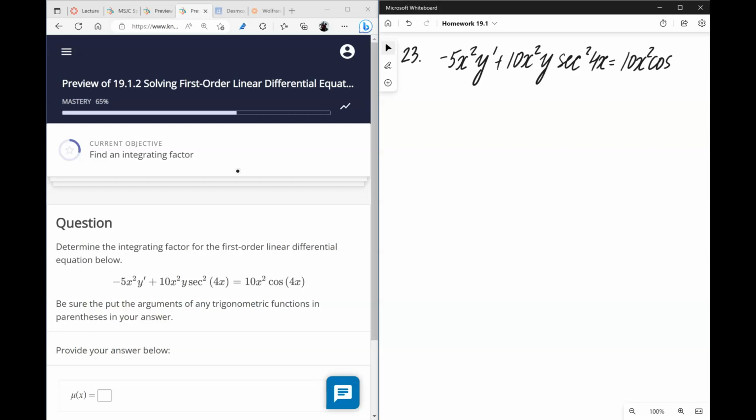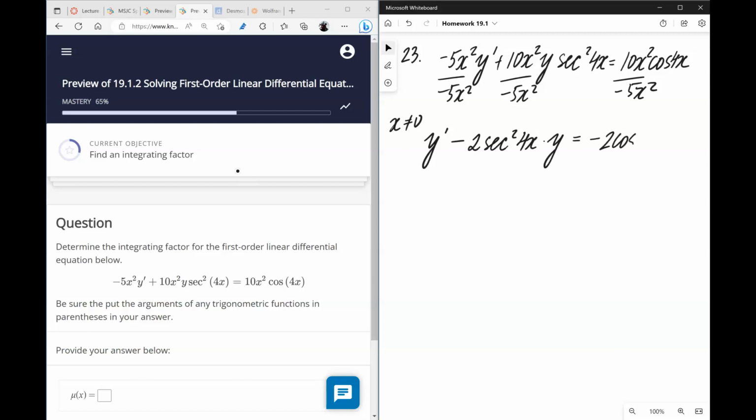We are only asked to find the integrating factor. So first let's write it in standard form. So let's divide everything by negative 5x squared. So we have y prime, so assuming that x is not equal to 0, we have y prime minus 2 secant squared 4x times y is equal to negative 2 cosine 4x.